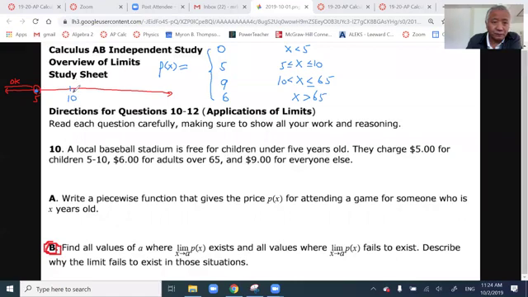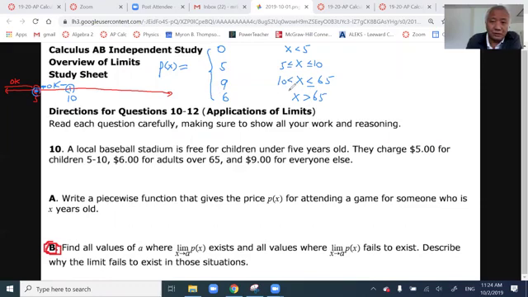In between 5 and 10 is also okay, not including 5 and 10. Just in between 5 and 10, the limit exists, because all of them equal 5.